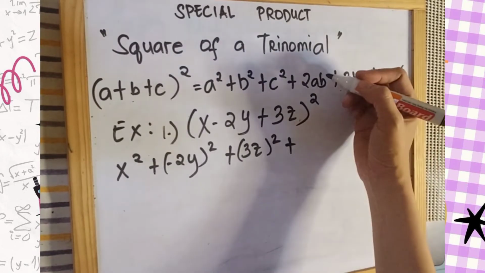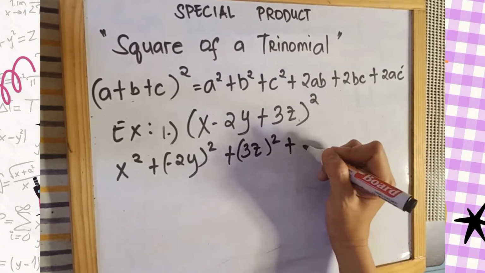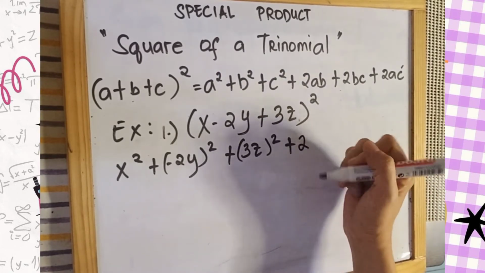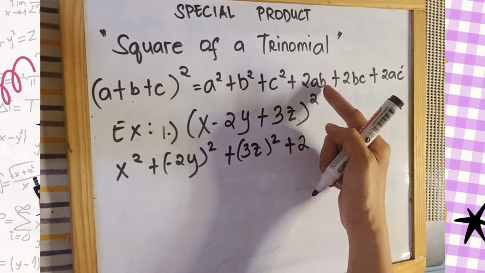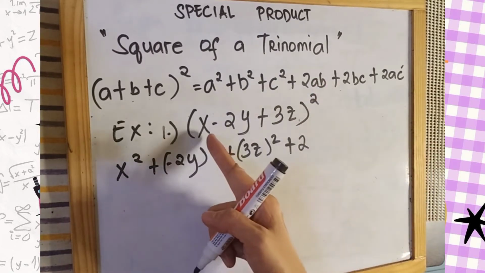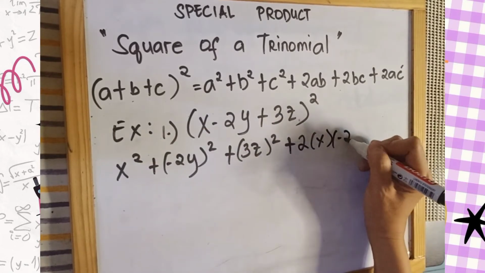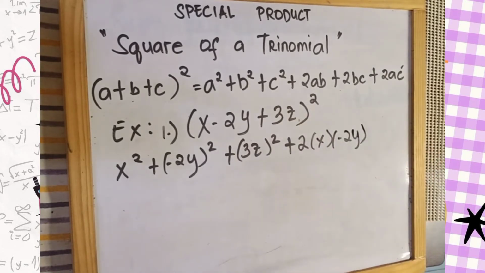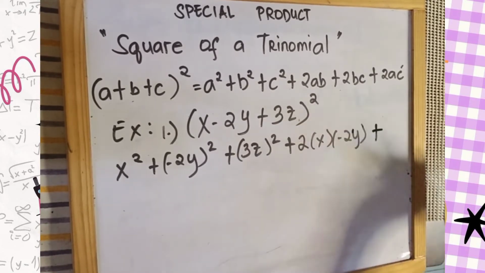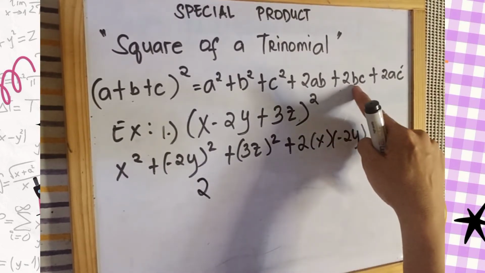This time, yung may mga times 2 naman. So, next term is twice the product of a and b. That is our first and second term. So, 2 times our first term x and second term negative 2y. Okay? And then plus, dito na natin siya ilagay ha, 2 times bc.